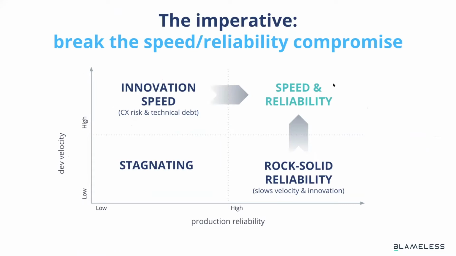It really just comes down to this imperative here, which is that on one axis, there's this desire and need to have rock solid reliability. But the challenge is that if that's what you're optimizing for, you're clearly not innovating.